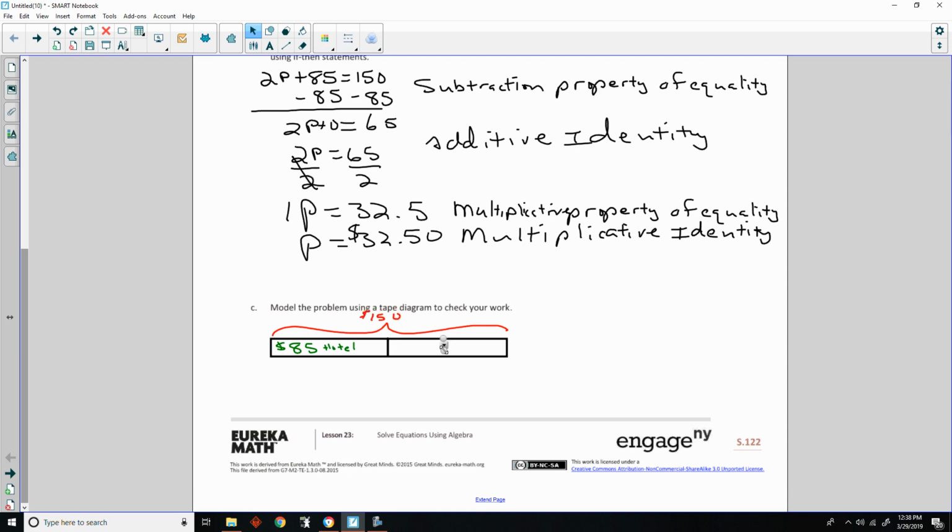And let's try to move these so that they're equal. Okay, something like that. There we go. That's better. Actually, that should be moved over here a little bit more. Make those two equal because those are equivalent, $32.50. That would be the park pass.